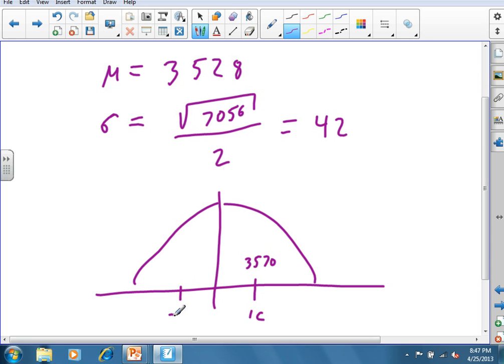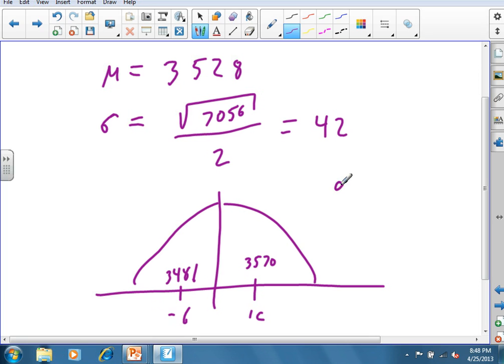And there's one standard deviation below, and it's going to be 3528 minus 42, which is 3486.